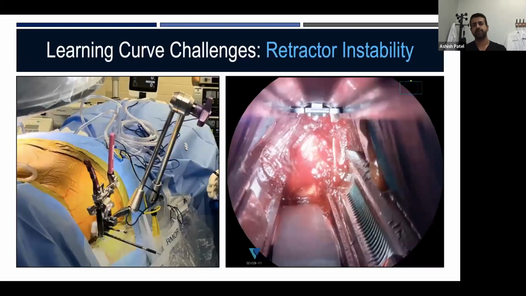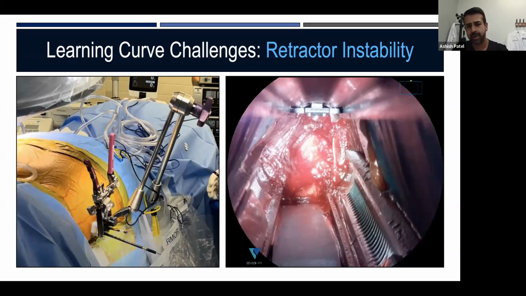What we found, which is probably the most important piece about prone, is that retractor instability is a big problem, and the primary problem to address when solving for prone. Some people do it by anchoring the retractor to the disc space with two shims. I think that's a good solution. Some companies do it by placing the retractor on a robotic arm to increase stability. But we do know that retractor instability is a big problem.